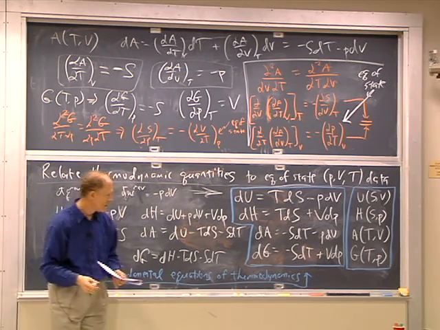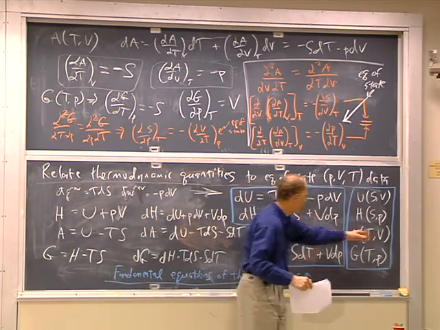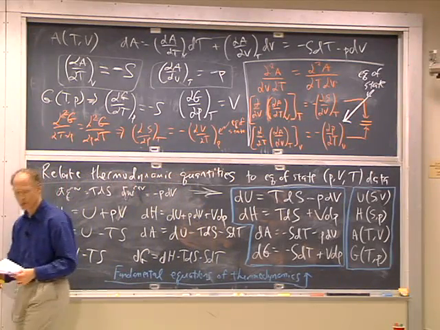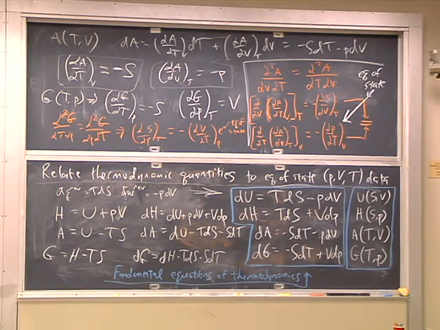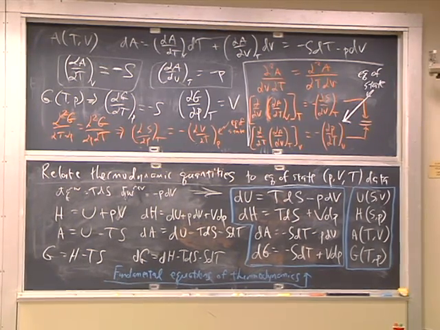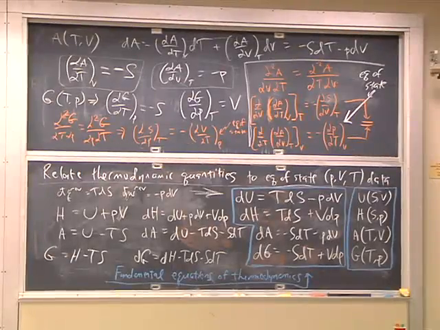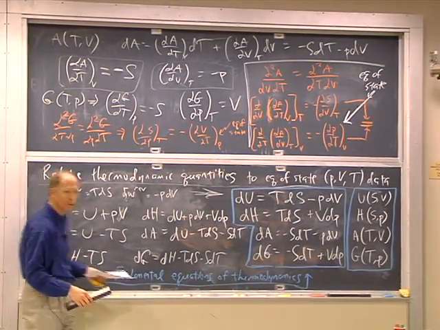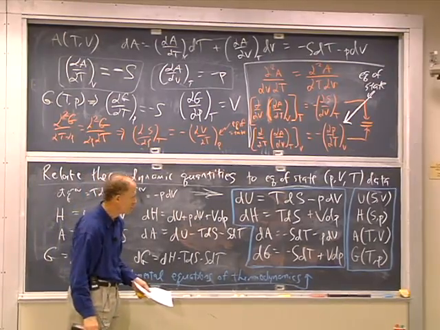Here, A and G, we've already got as functions of these conveniently controlled state variables. Let's look at those quantities, U and H, and look at, for example, the V dependence of U, the volume dependence.